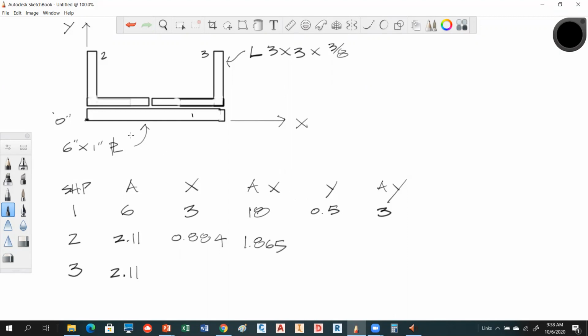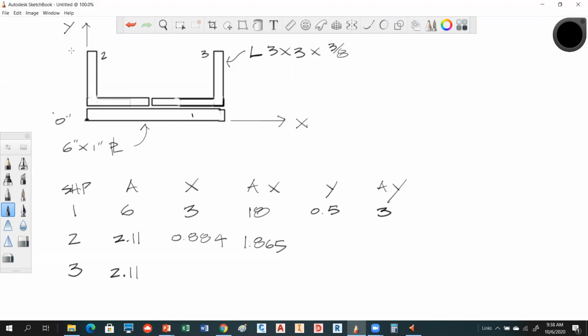Now, the y, notice they show you that little chart. They show you the y bar distance is from the bottom of this face up to the xx axis. And since we're actually coming from an origin down here, we're going to have to take 1 inch plus whatever that number is. Because these are equal legs, the x bar and the y bar distance are going to be the same. If we look under the xx axis for that y bar distance, we see that it is also 0.884.